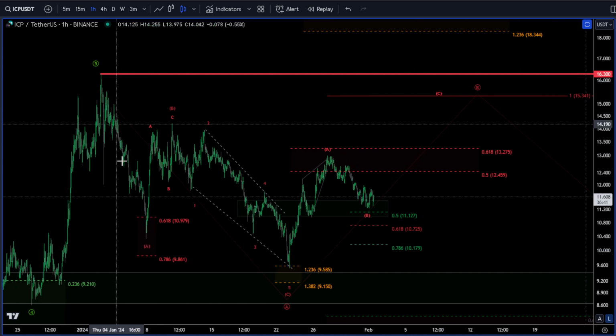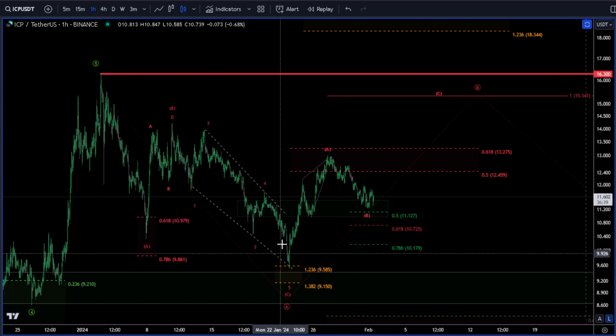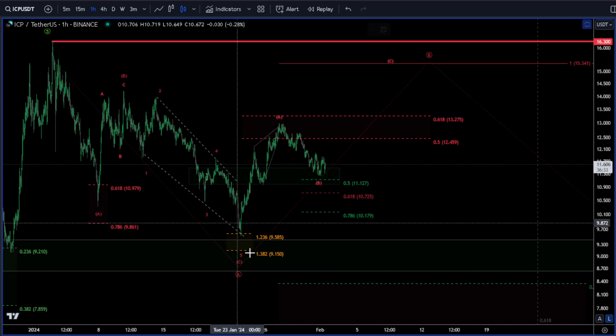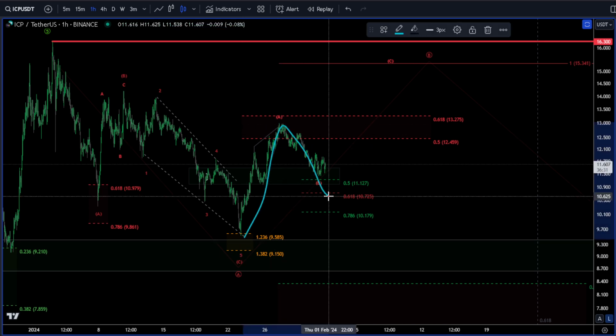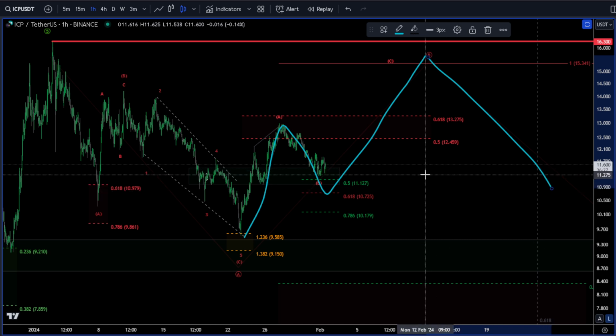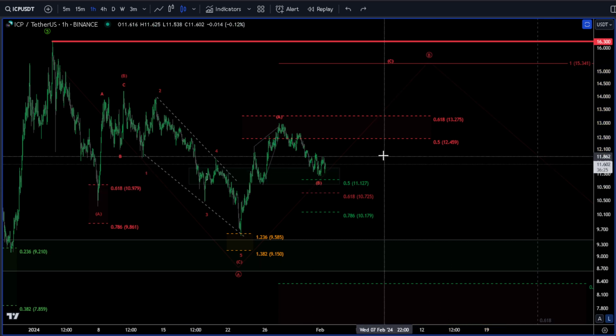We had a flat pattern here as an A, B, C for our A wave. Looking for this to pivot to the upside as an A, B, C, and then come down for our C wave and complete the larger term correction.